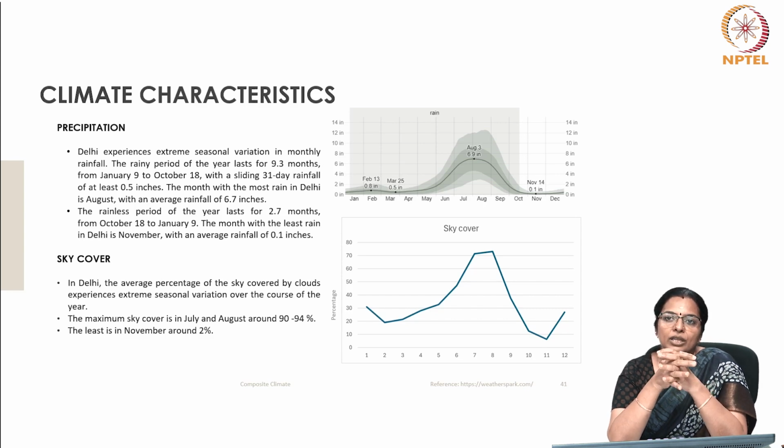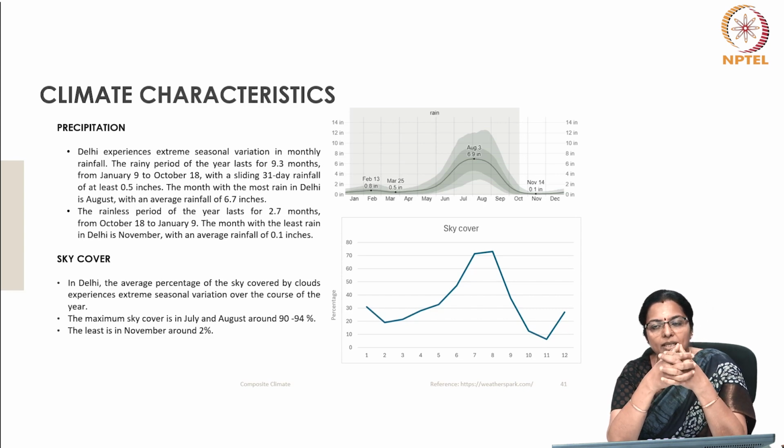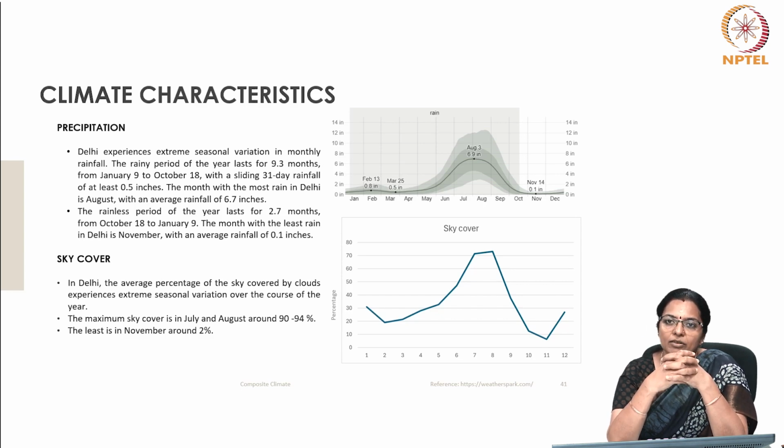The month with the most rain in Delhi is August, with an average rainfall of about 20 centimeters. The rainless period of the year lasts for about 3 months from October to January. The month with the least rain in Delhi is November, with average rainfall of about 1 centimeter.